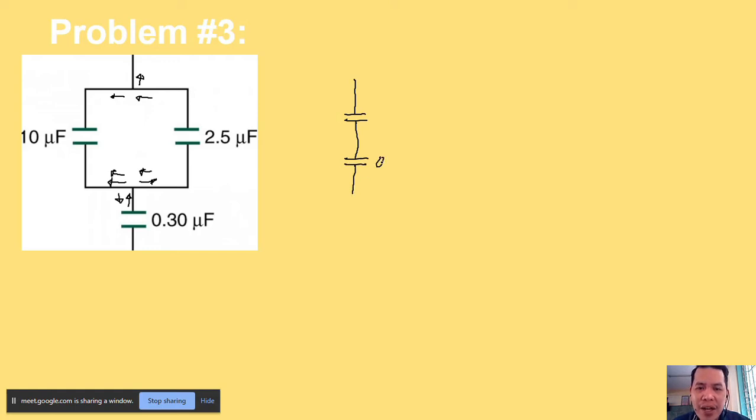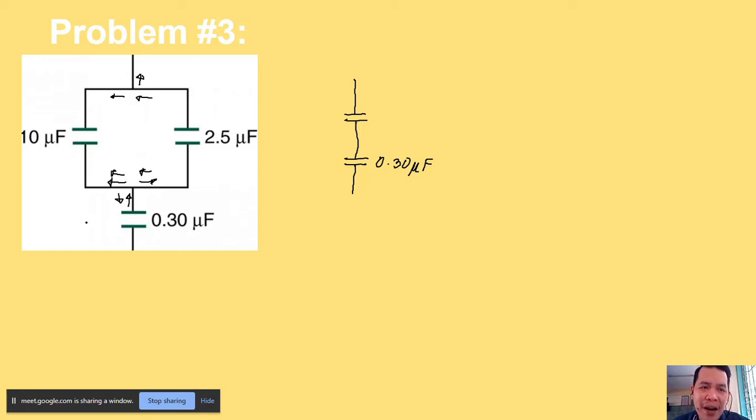Ito pa rin po si 0.30 microfarad na naghihintay lamang sa isang tabi. Since napag-isipan po natin na gawing isa ang 10 microfarad at 2.5 microfarad, we will now determine the net capacitance of these two capacitors. Since they are connected in parallel, all we have to do is to add lamang po.